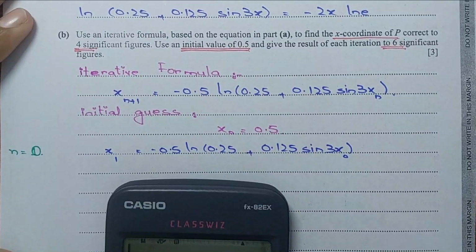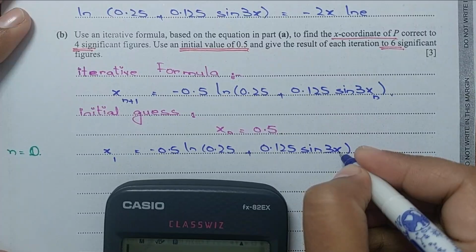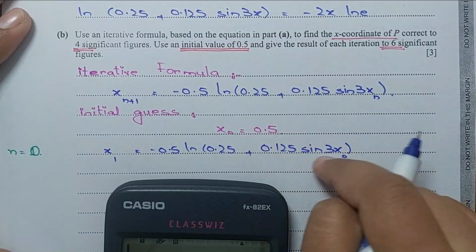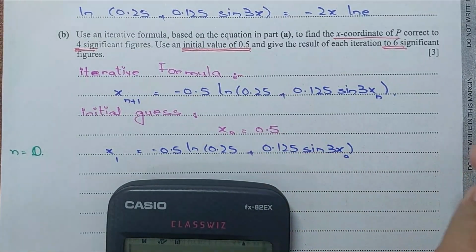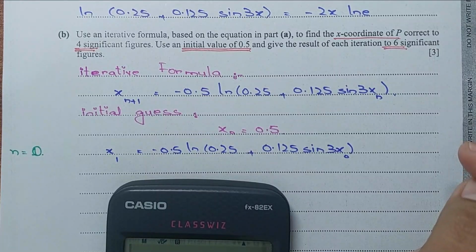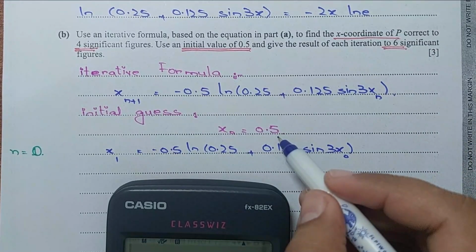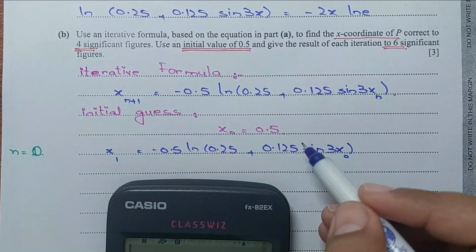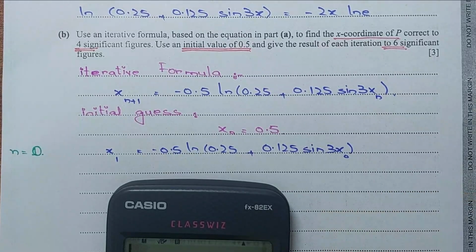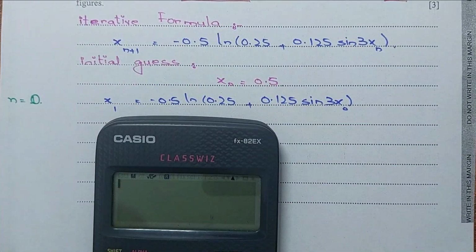Let me write this down. This is sine of something, so you might be confused about whether the angle is in radians or degrees. With 3 times 0.5, it is better to use radian mode. Let me simplify: minus 0.5 natural log of 0.25 plus 0.125 multiplied by sine of 3 times 0.5.